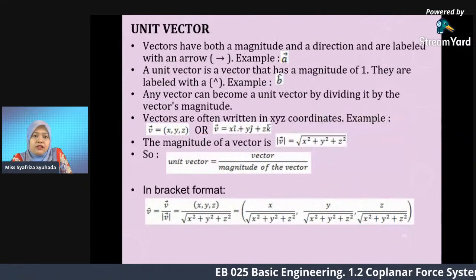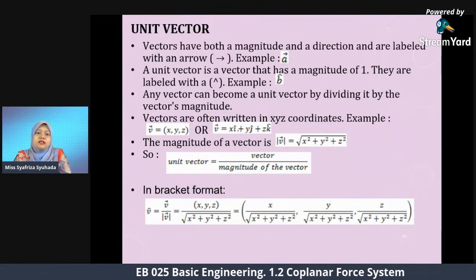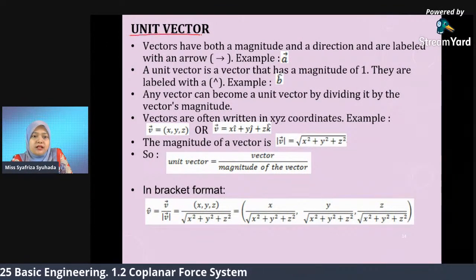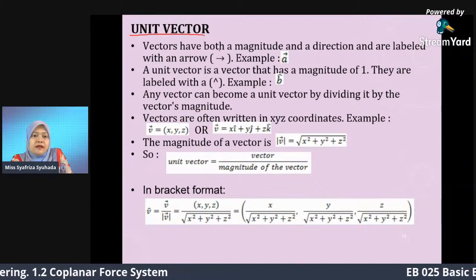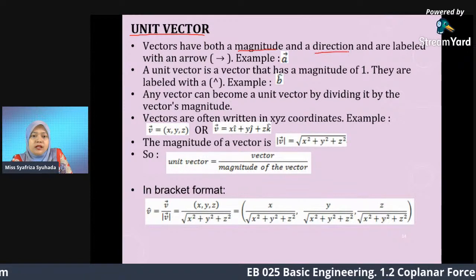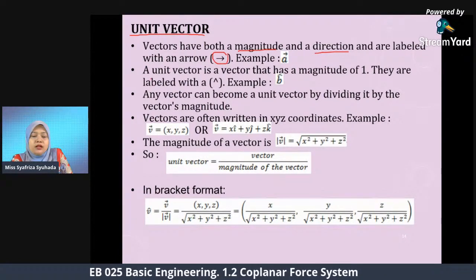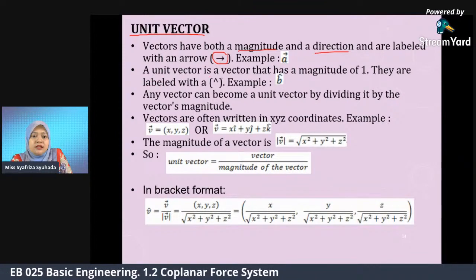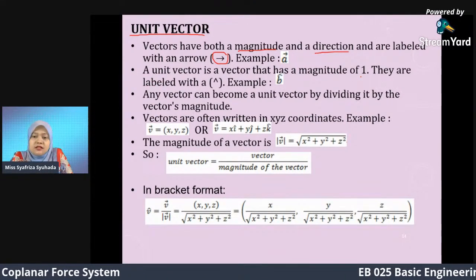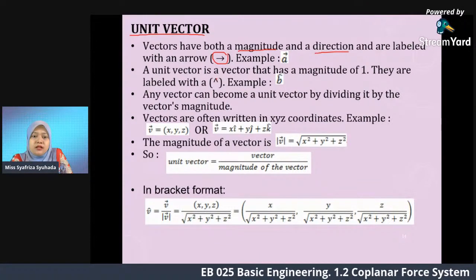Cartesian vector uses a lot of unit vectors. A vector has magnitude and direction, and it is labelled by an arrow. A unit vector has a magnitude of 1, which means when we get the answer, the answer is equal to 1, and it is labelled with this symbol.